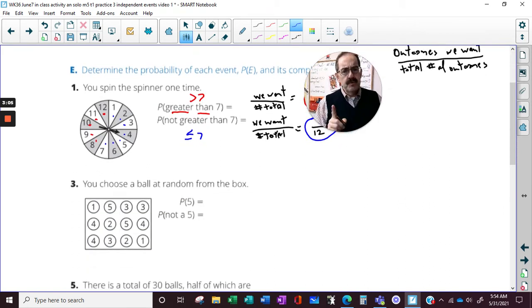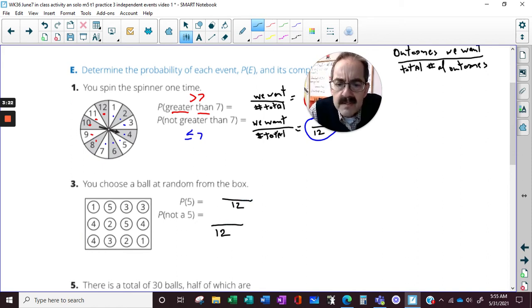Now, you choose a ball at random from the box. What's the probability of getting a 5? Now, it looks to me like they have this broken up. 3 times 4, there's 12 total.